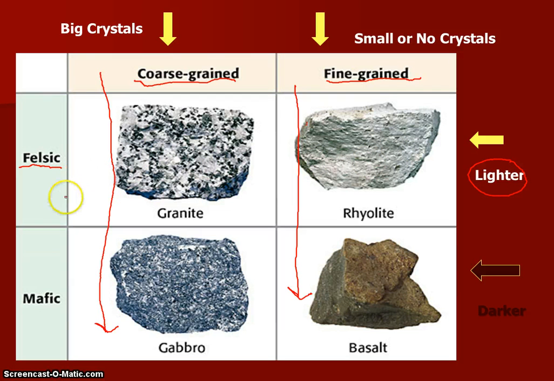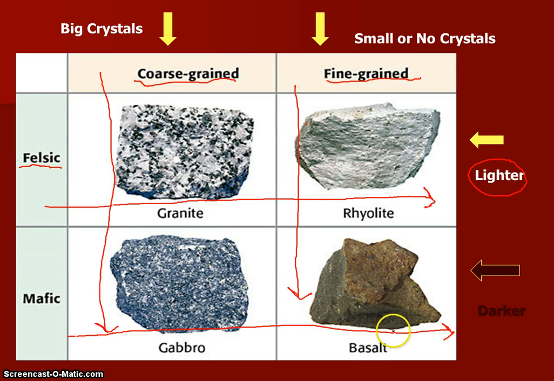And we'll read across on the row now here: granite and rhyolite are felsic, and our mafic rocks examples are gabbro and basalt. So we'll read across in this direction. So we have four rocks of four different classifications. We have rhyolite right here, which is a fine grain felsic rock.